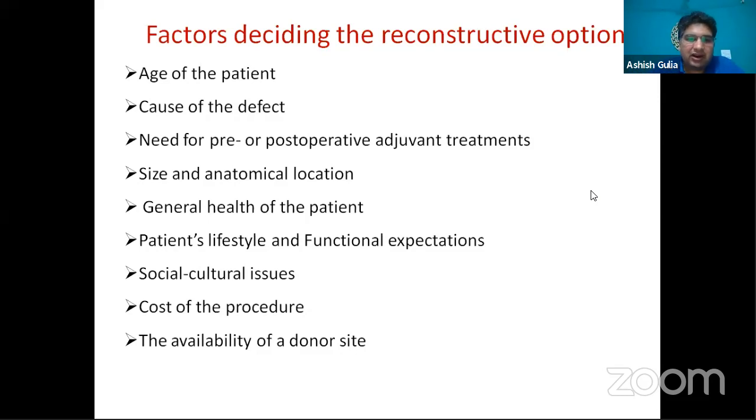So if you do not have radiation facilities, maybe you can try cryotherapy. If you don't have liquid nitrogen, or if you have radiation, you should do that. If you do not have the facilities of a vascular surgeon with you, then you need to keep that in mind. So all these factors will help you understand and choose the right method of reconstruction for a particular case.